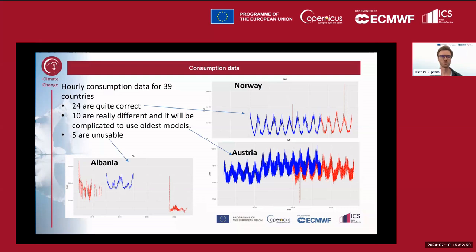We have another category of 10 countries that need to be a bit pre-processed in order to give as input for the training of the model. And we have 5 other countries that are very difficult to handle because of the quality of the data from ENTSOE.